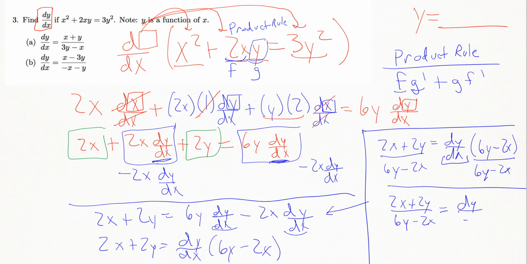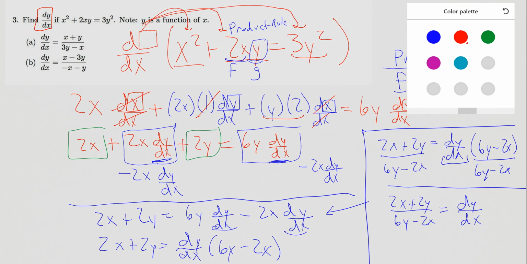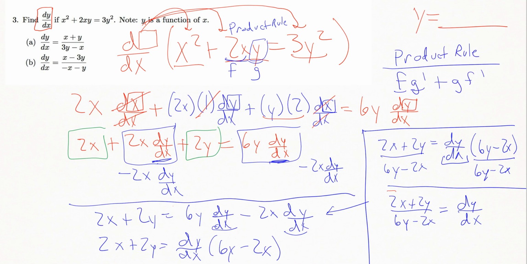I always tell people at this point, especially on a multiple choice math test, I would go over and look and see if any of my answers match. And we can see that our answers aren't quite there right now. And so what has ended up happening is they've done a little bit of simplification on this. And what you can see is on the top here, I've got a 2 in everybody, and on the bottom here, I have a 2 in everybody.